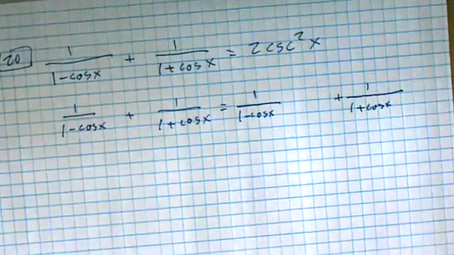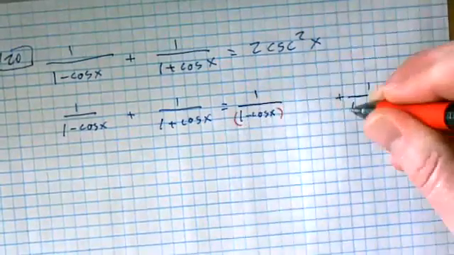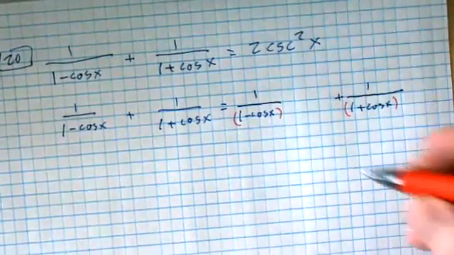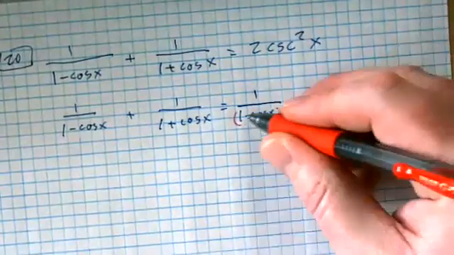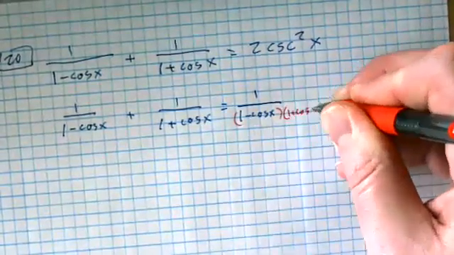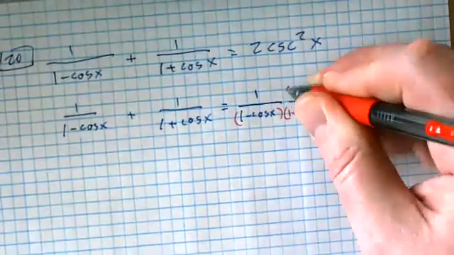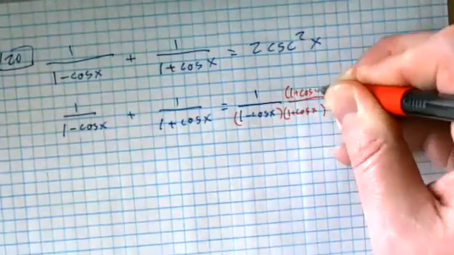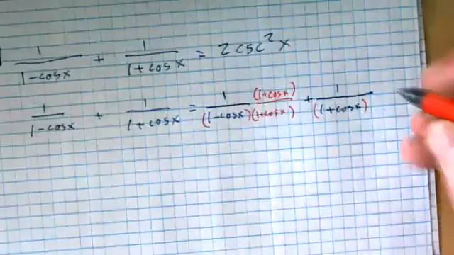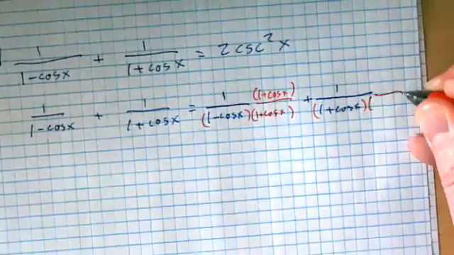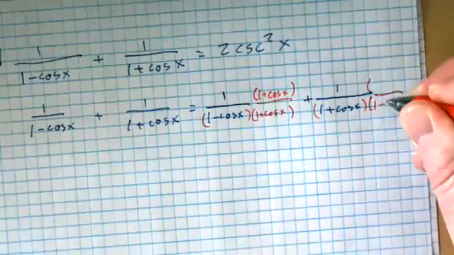All right, so this one's got a 1 minus cosine x. This one has a 1 plus cosine x. So we're going to need basically the other one in each of these. I'm going to need a 1 plus cosine x here, so I'll make my fancy version of 1 with 1 plus cosine x there. This one's missing the 1 minus cosine x, so I'll make my fancy version of 1 here to have the 1 minus cosine x.